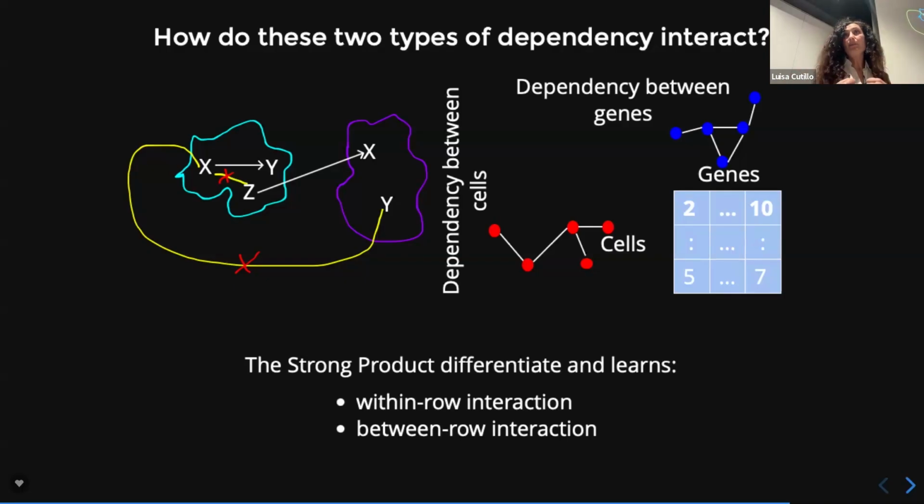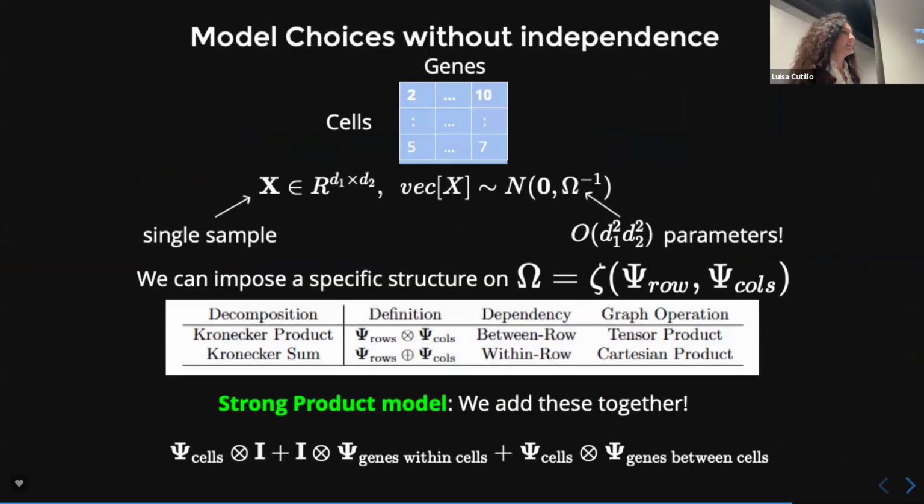With our approach of the Kronecker sum, we are actually modeling the within-cell dependency, but we're not modeling the between-cell one. You can think of within-row or between-row in this case. As we were saying, you have your single sample with all those parameters. To solve this problem we can impose a specific structure that relates rows and columns, like the precision matrix along the rows and the precision matrix along the columns.